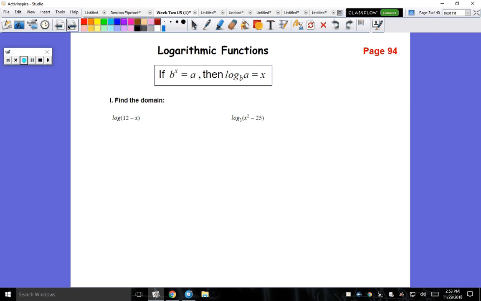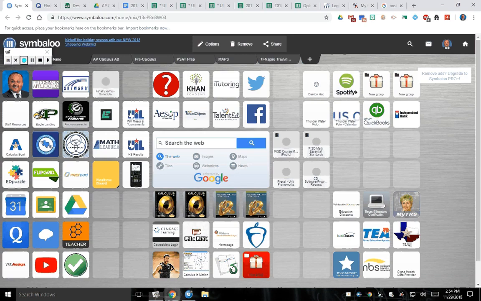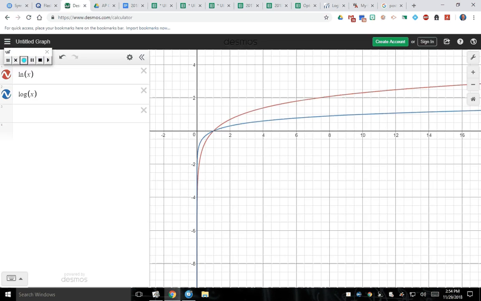Domain. Who can tell me an easy way to remember the domain of a log function? Remember, log functions look like this. You have two types of logs: a natural log, and just a regular log. Let's see if it's still pulled up. Yep. Here we go. Natural log is the red graph.